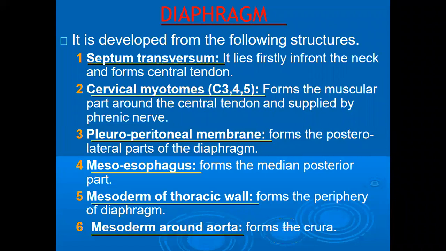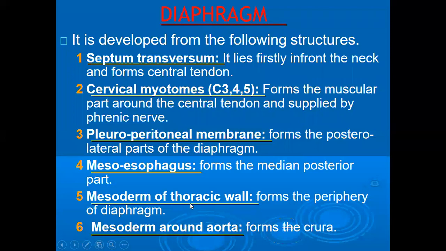In the case of the esophagus, it has its mesentery. That mesentery will also join with the septum transversum anteriorly and on the side with the pleuroperitoneal membrane, and thus will complete the partition.